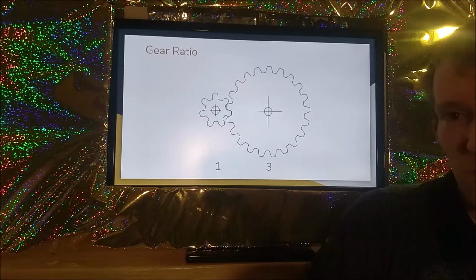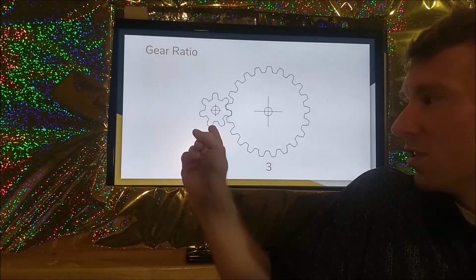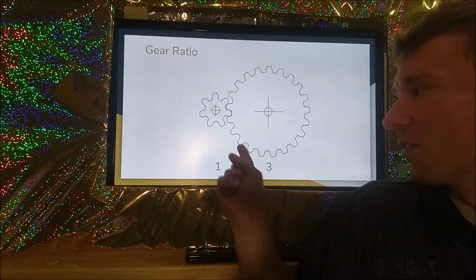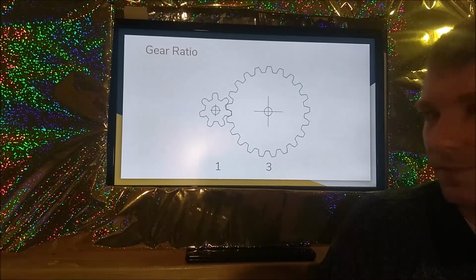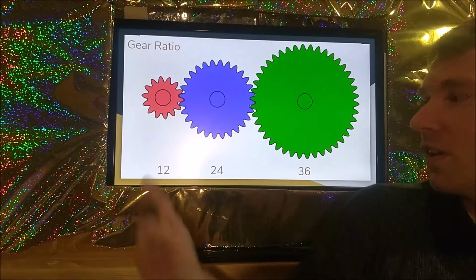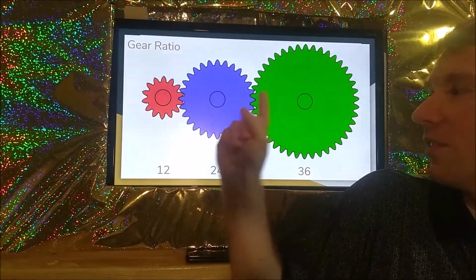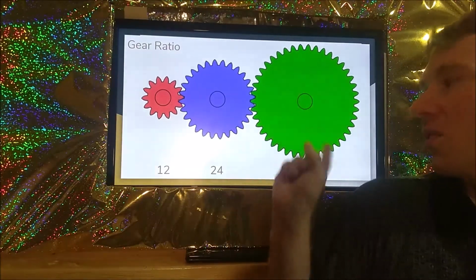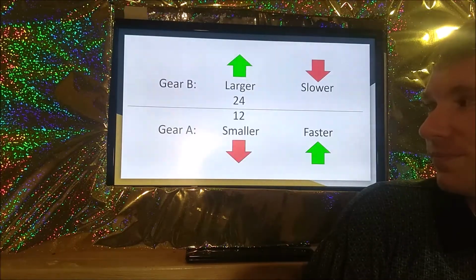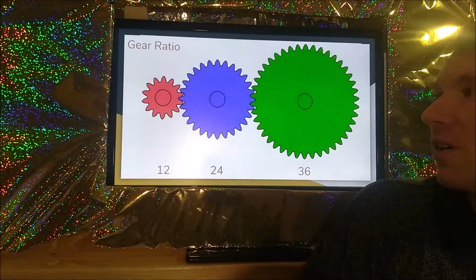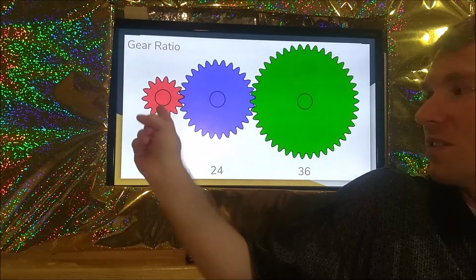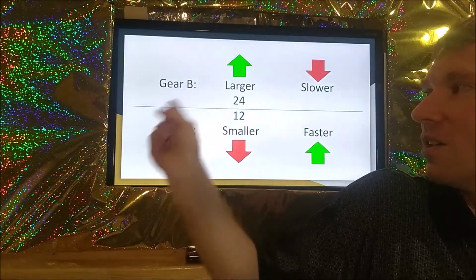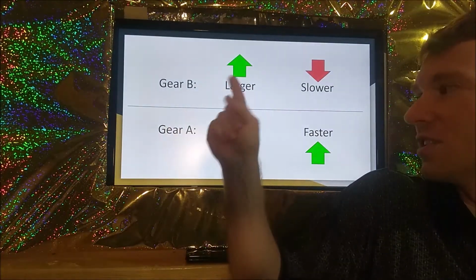If we want to make things smaller, there is 1 tooth for every 3 teeth. So there are 12 teeth, there are 24 teeth, and there are 36 teeth. This is gear B, this is gear A. Gear B has 24 teeth.